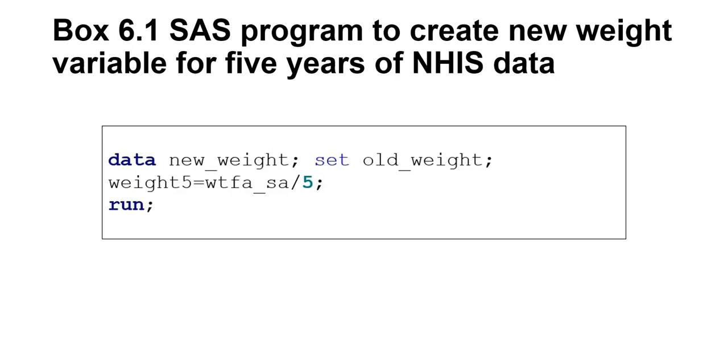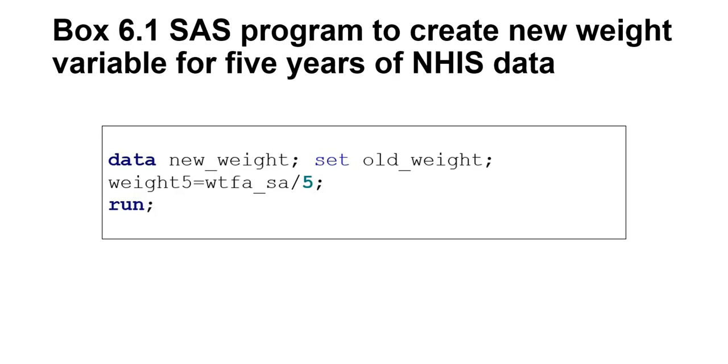And here's how you can change the weight when you include multiple years of data. Box 6.1 includes the SAS program to create this new weight. You would include the name of the new data file that you want to create, so data new_weight. Then you want to set the old file, so for example it may be set old_weight. And then you include what you want your new variable name to be.